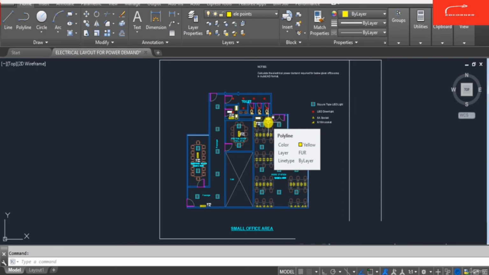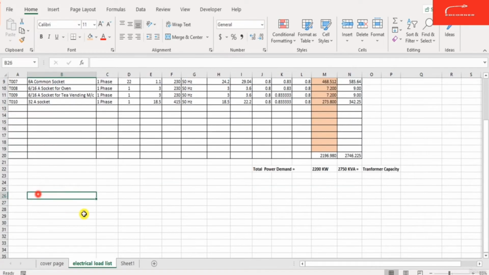In some cases we also need to calculate the entire power demand for the entire tower. So for that we have to take it like this. First, the lifts are there, number one lift and the second number lift. The second item is the common water pumps. Third is the parking area, and for the parking area there is the ventilation fan. We need to calculate the power demand required for the ventilation fan.